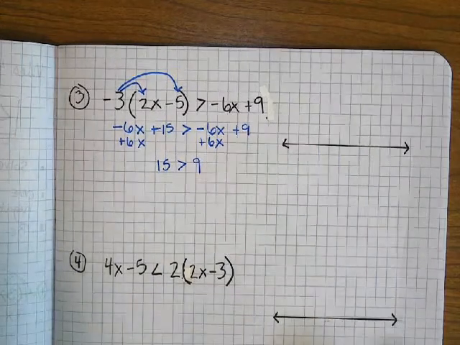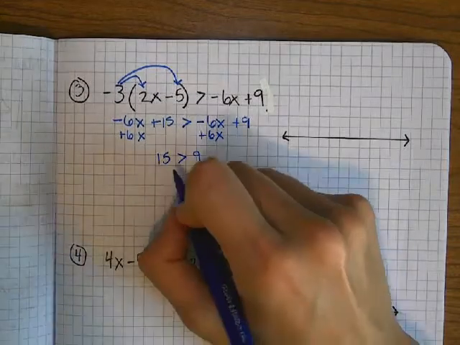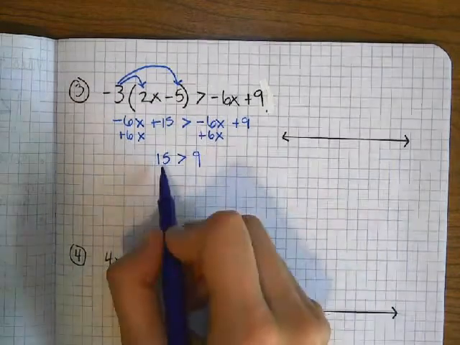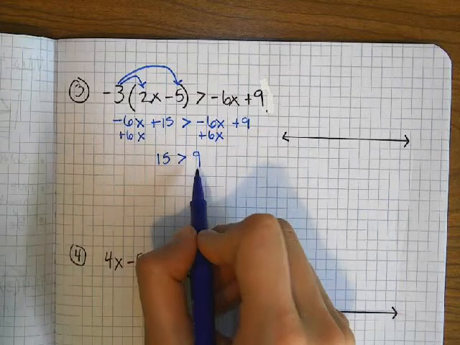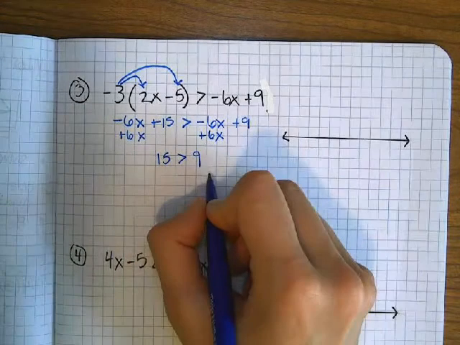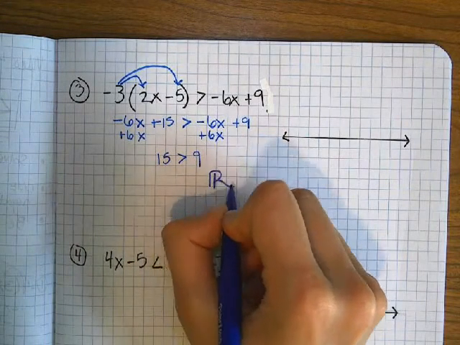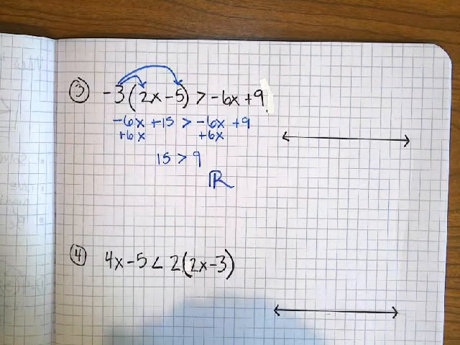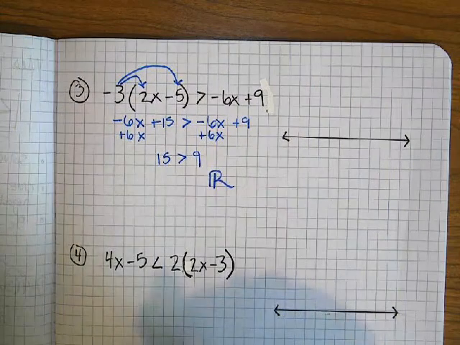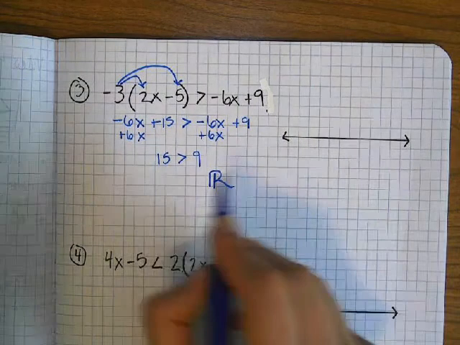Now, that looks a little different than our other problems. So then I look at this and I say, is this a true statement? Is 15 bigger than 9? Well, yeah, it is. And since it is, it's going to mean that all real numbers is your solution.